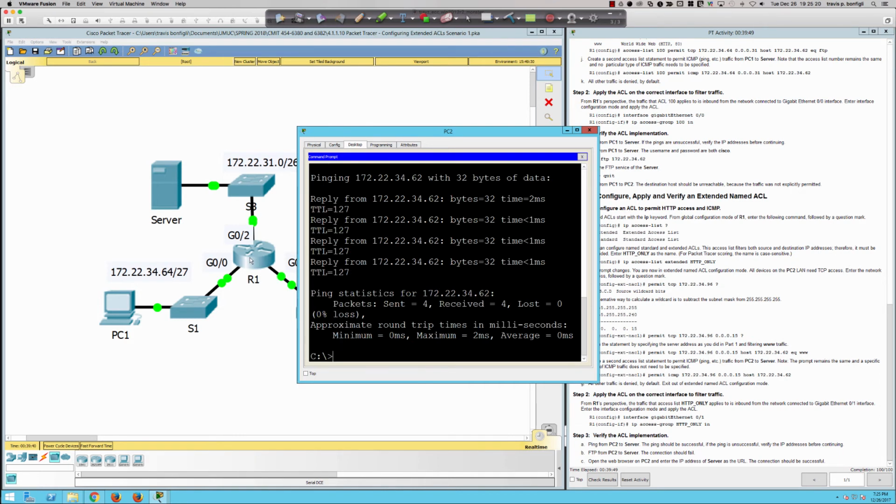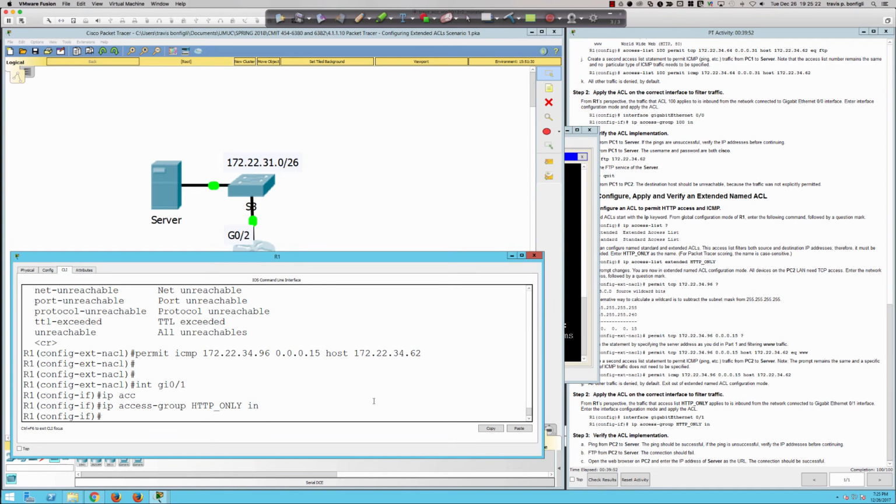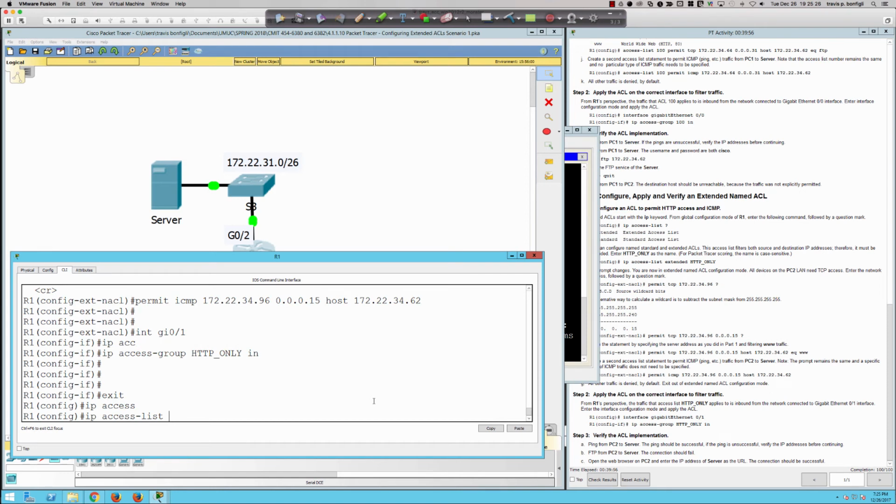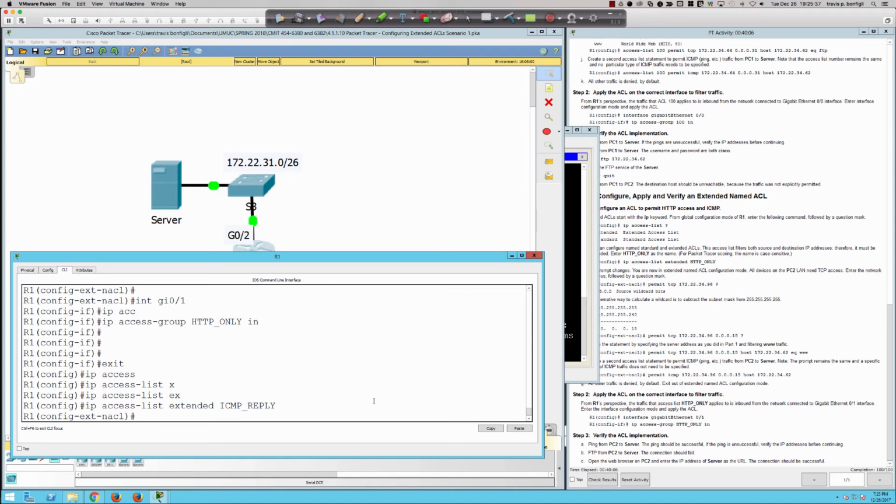Well, what if I come back over here to router 1 and I say IP access list extended, and we'll give it a name. We'll say ICMP_reply, right? And I'm going to say permit ICMP from, and I'm going to put the wrong IP address in here.